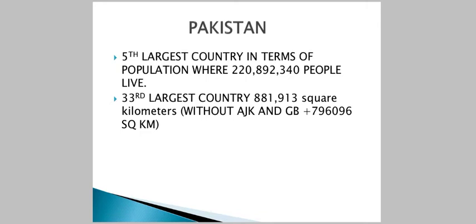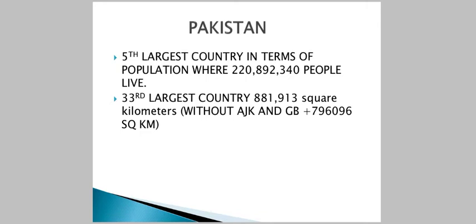So officially, the government of Pakistan states that the area of Pakistan is 796,096 square kilometers because Gilgit-Baltistan and Azad Jammu and Kashmir are not constitutional parts of Pakistan. Although they are administered by Pakistan, constitutionally they are not a part of Pakistan.